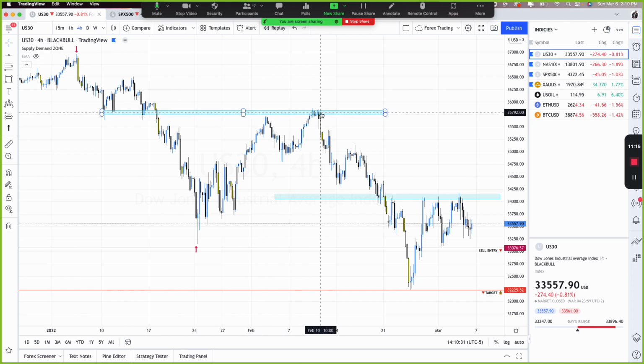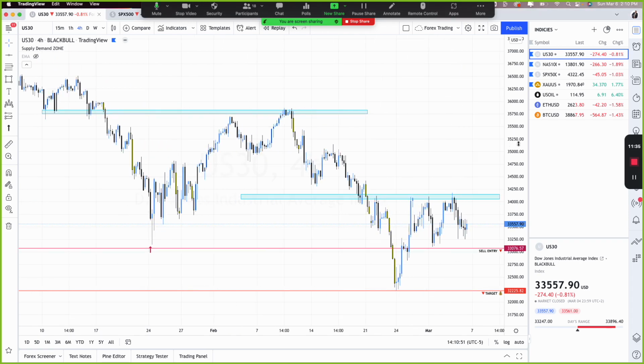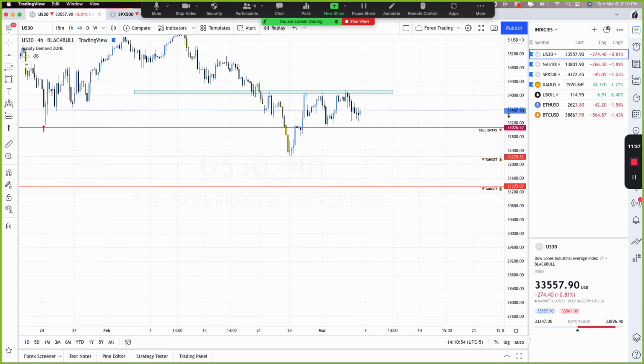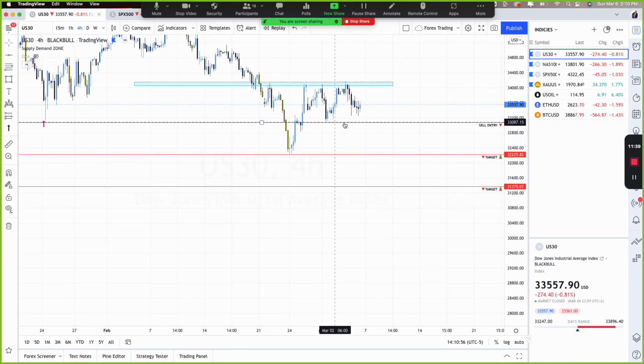When it retraced here, when it retraced to this area, it made its move again and it retraced again. So now my anticipated entry is for it to break this zone. If it breaks that zone, I'm going to take it to where it was and then 20 to 25% beyond.